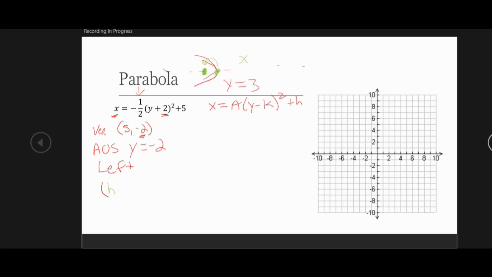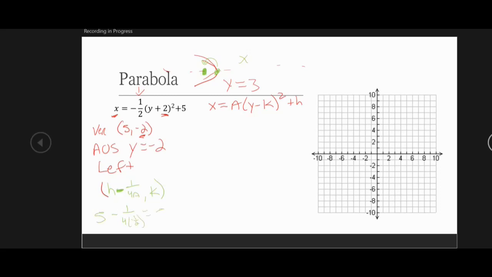But in this case, because it's going to open to the left, you want to do minus, and it's going to be, I think it's called p, but that number is just going to be 1/4a. And then it's the same k. So it's going to be h minus 1/4, oops, sorry, I know what h is. h was 5. So 5 minus 1/4 times a, which is -1/2.